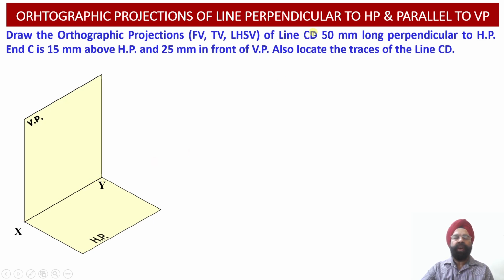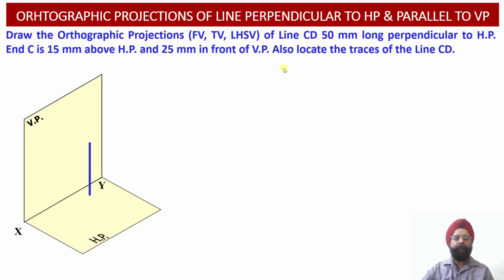Now we know that since this line CD is perpendicular to the horizontal plane and parallel to the vertical plane, this line's projection in the front view will be providing us with the true length projections of the line, while the projections of this line with respect to horizontal plane, that is the top view projections, will be the point view projections, because this line happens to be perpendicular to the horizontal plane.